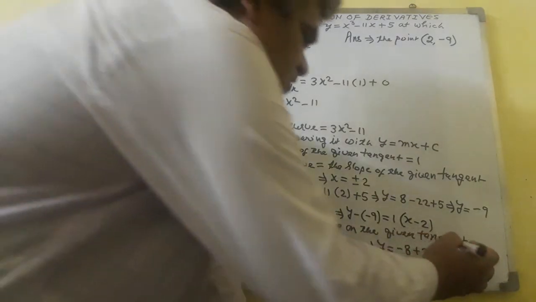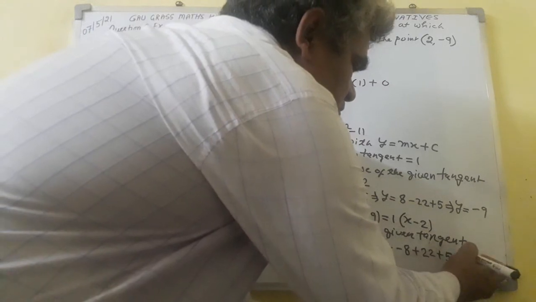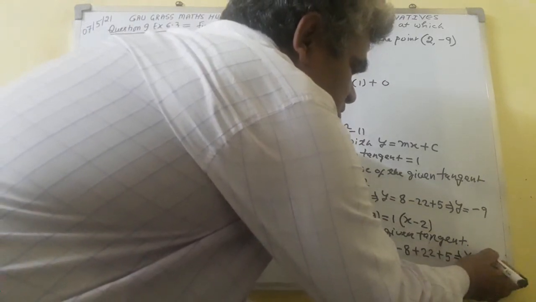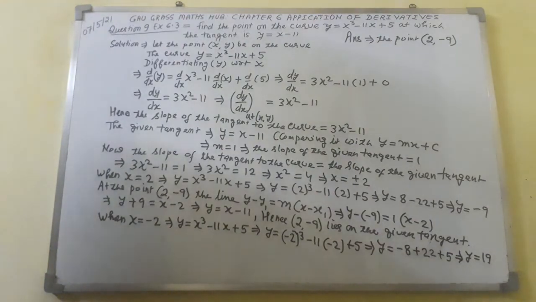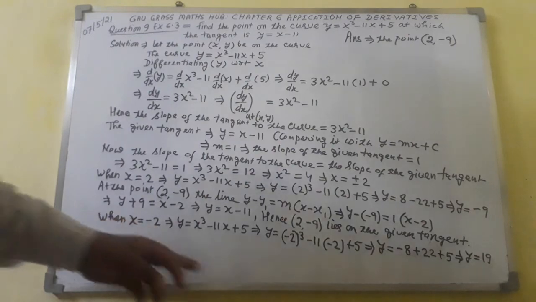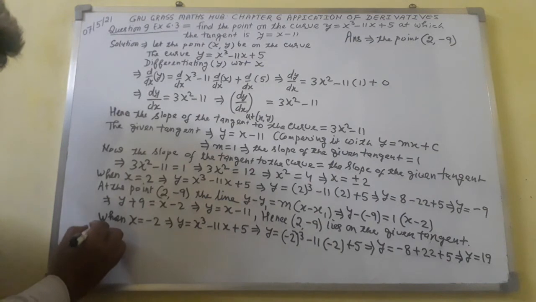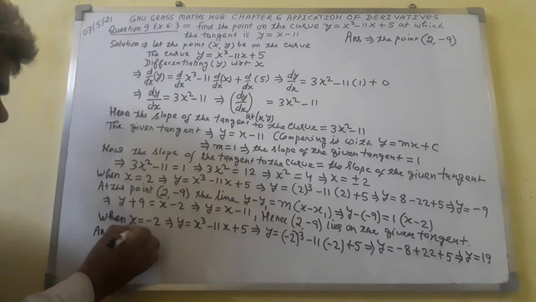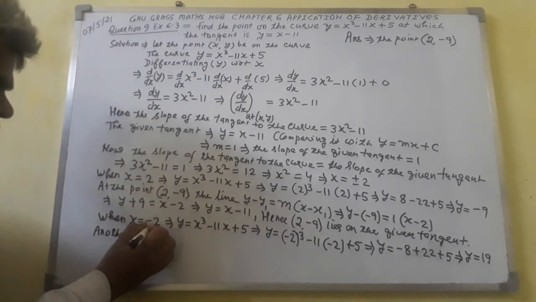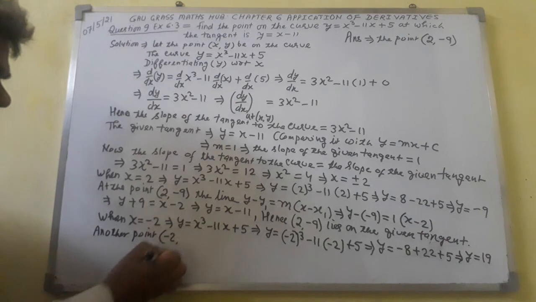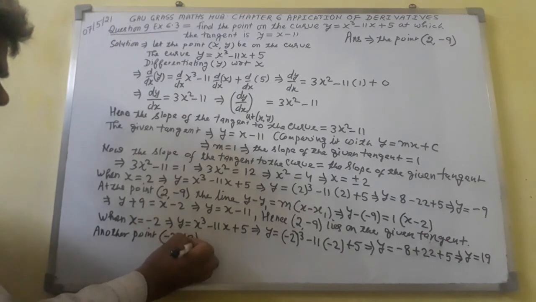So we shall get y equal to 19. So here x equal to minus 2, y equal to 19. So here I shall write another point, minus 2, 19.